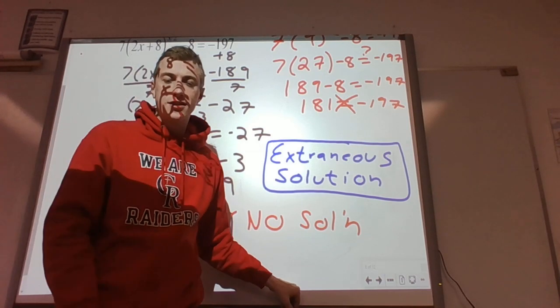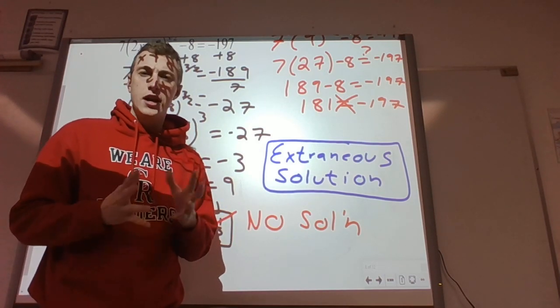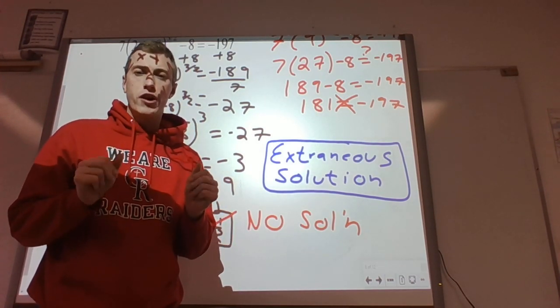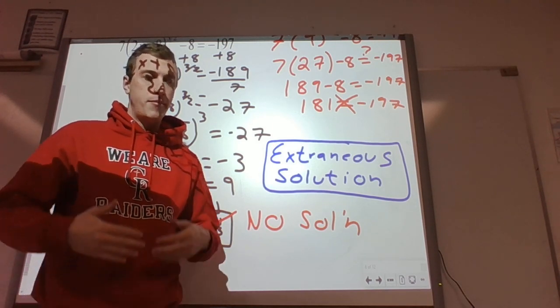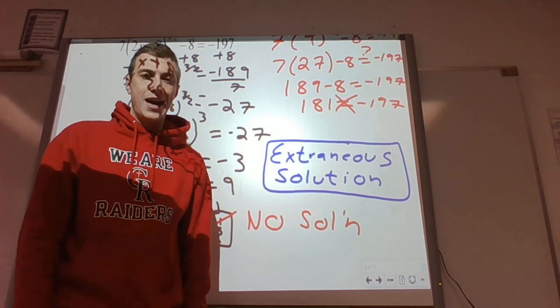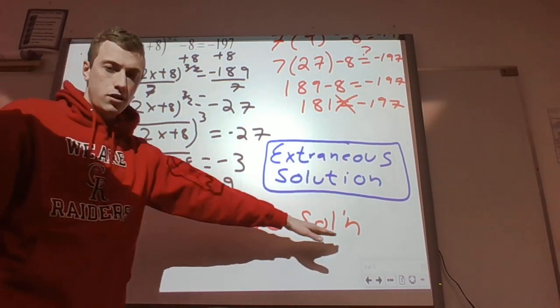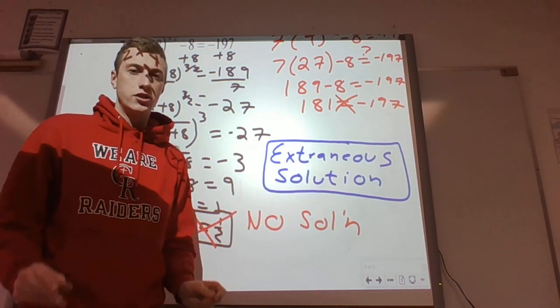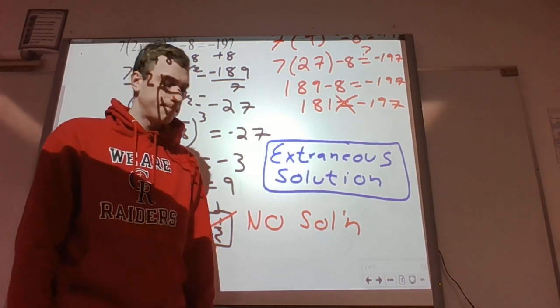So when you're solving radical equations, you need to check for extraneous solutions by substituting your result back into the original problem and eliminating, when necessary, solutions that do not actually work.